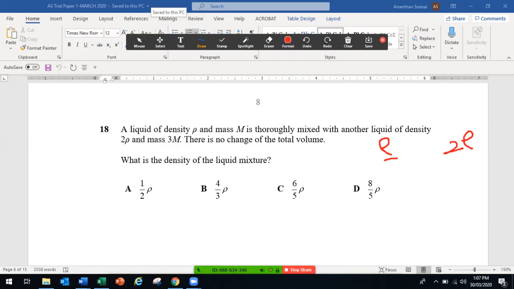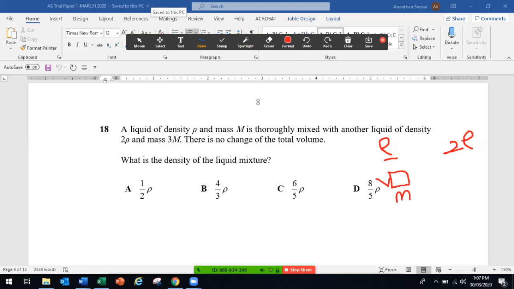So we assume this has mass m and volume V.